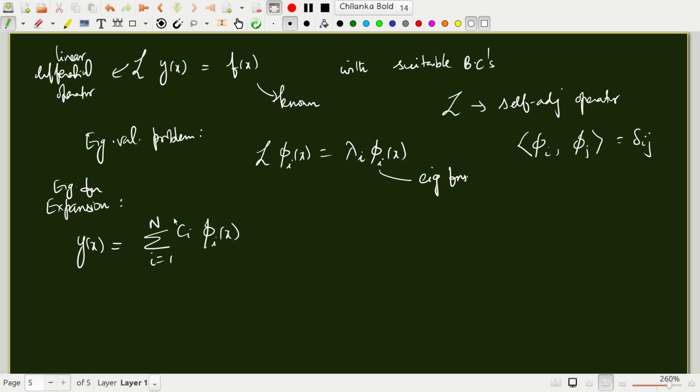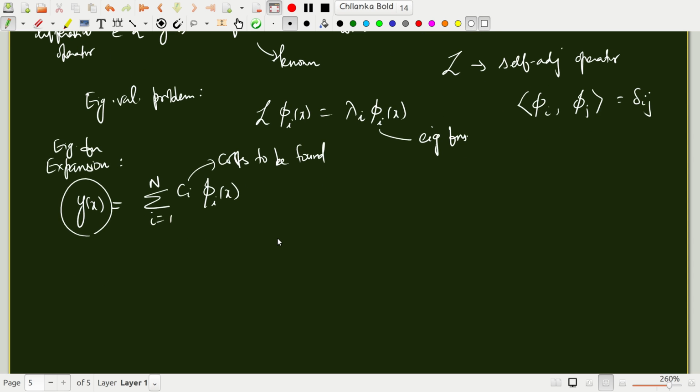And these are the coefficients, like before, to be found. So instead of the unknown function y of x, you are now saying that I'll find only the unknown coefficients ci. Now you substitute this in the original equation, so you get L y of x is equal to L of the summation i equal to 1 to n of ci phi i of x, which is f of x.